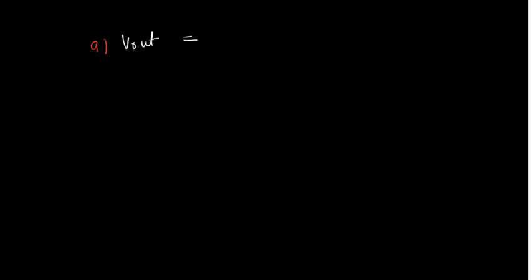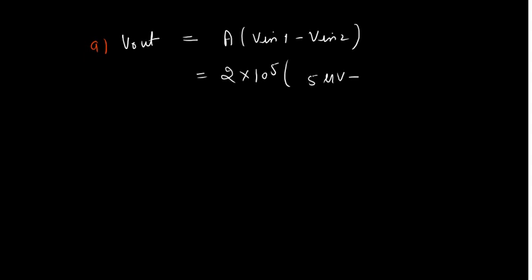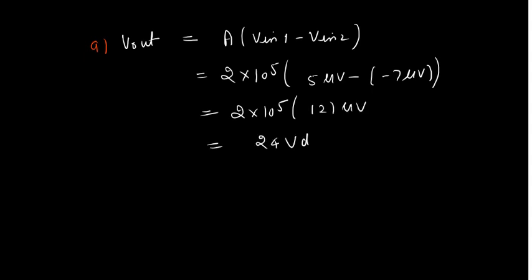V out is A times (V in 1 minus V in 2), and A is 2 into 10 to the power 5, V in 1 is 5 microvolts, and V in 2 is minus 7 microvolts. This is DC, right? We are first providing only DC sources. So the answer would be 24 volt DC, right?